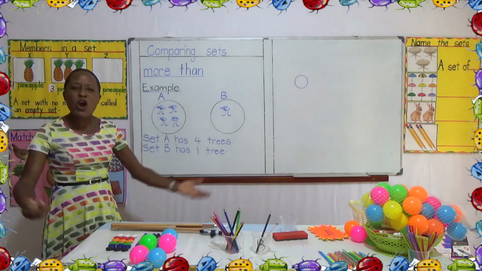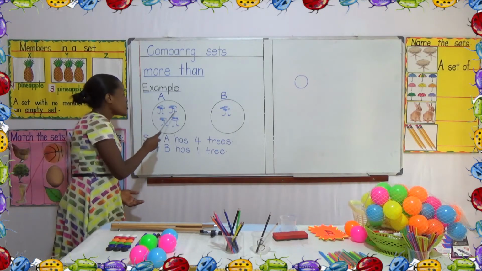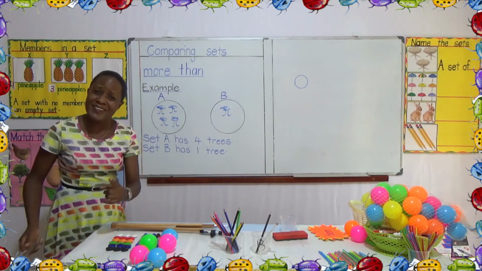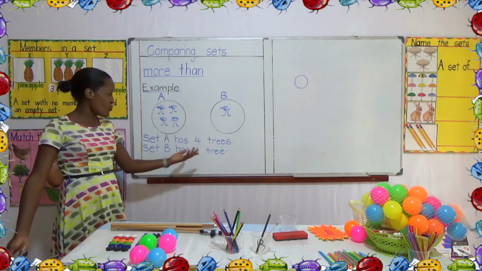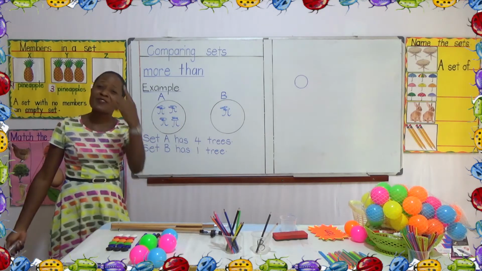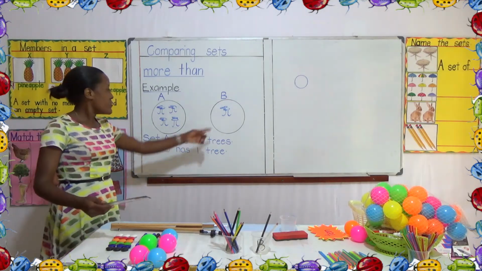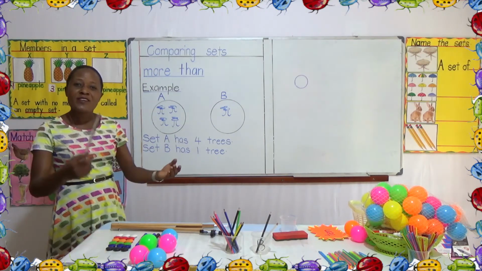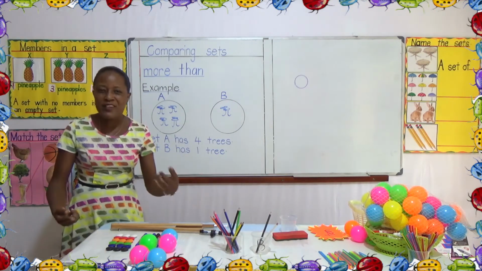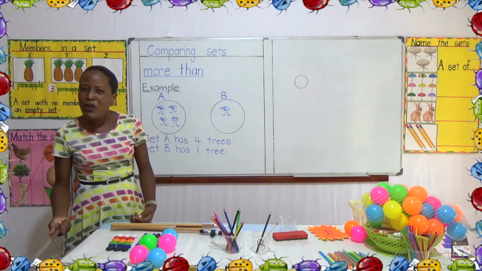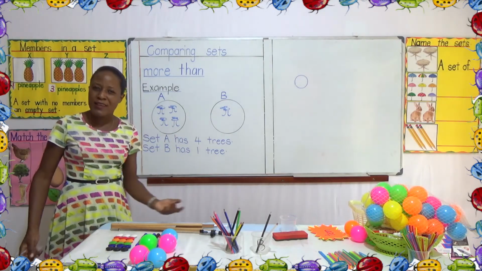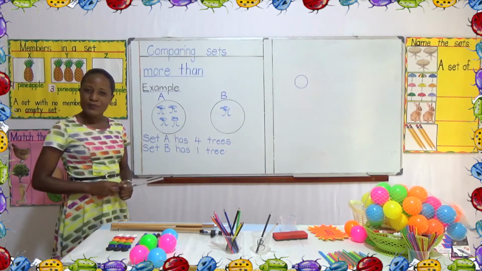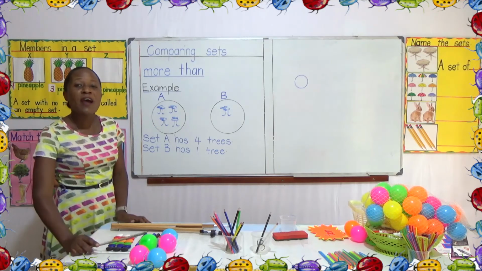Why do we say more? Because this one has 1, 2, 3, 4, and this one has just one tree like this. Which ones are more? Is it 1 tree that is more than 4 or 4 trees are more than 1? We are using the word more.